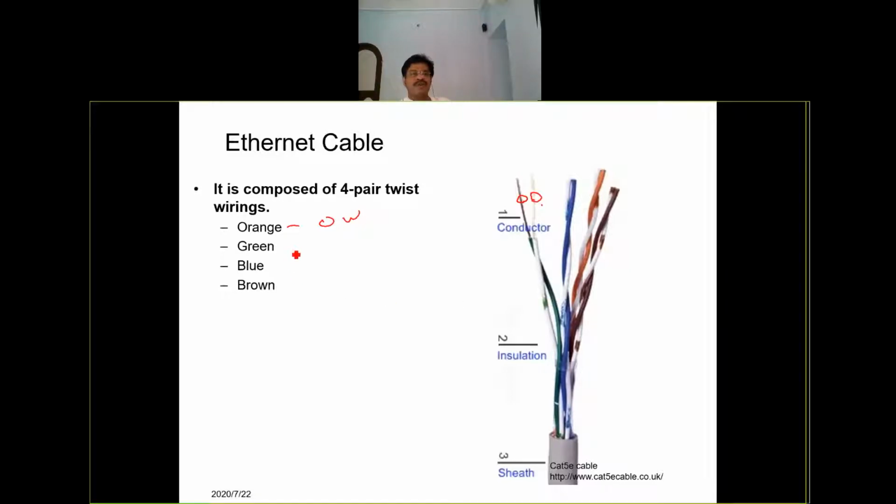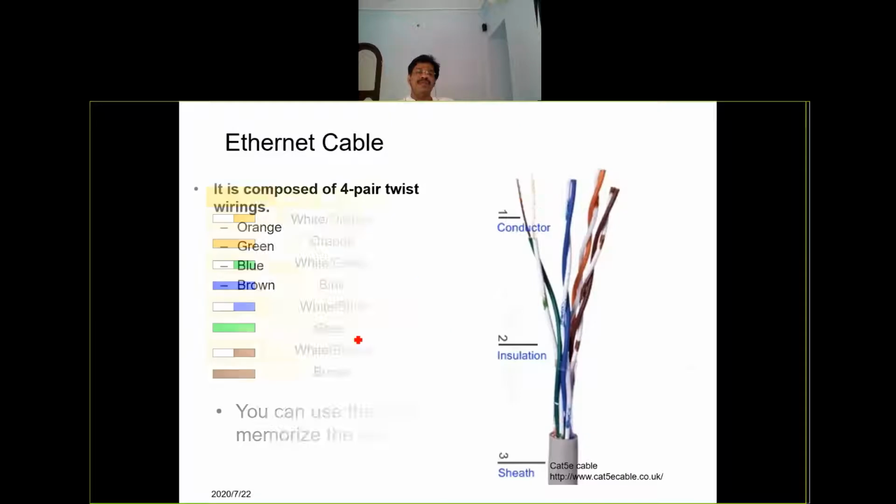So green and green white, then blue and blue white, then brown and brown white. So orange, orange white, green, green white, blue, blue white, brown, brown white. These are the 4 pairs of conductors inside a UTP cable that we utilize in India.